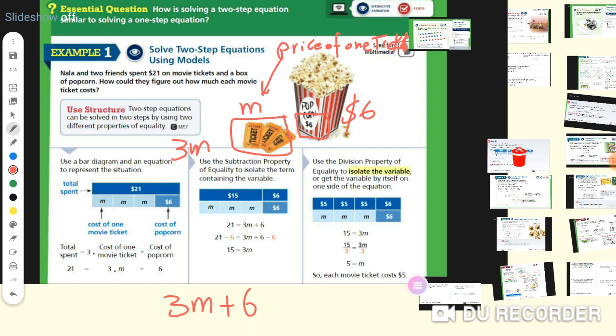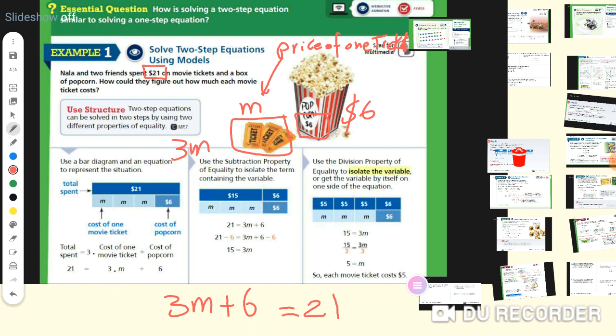And the total equals what he told me from the beginning of the problem? 21. So this is the equation. So M is the price of the ticket. Can you know the price of the ticket from here? Yes, it's an equation now. I converted it to an equation.